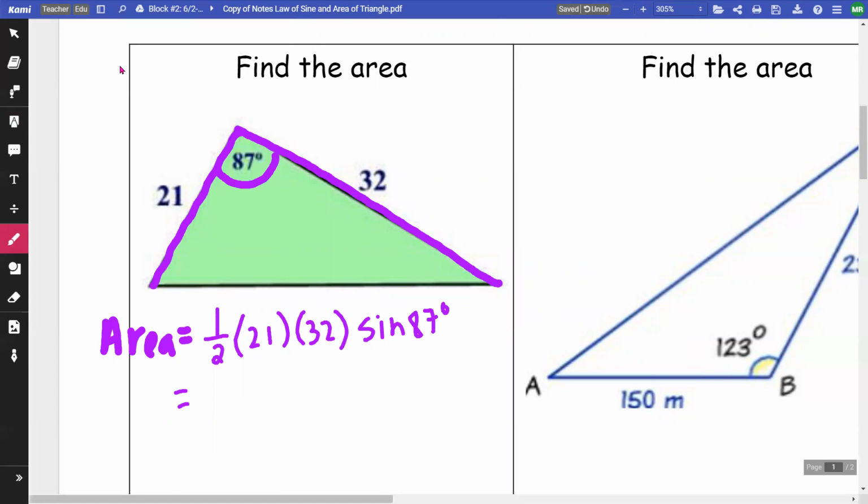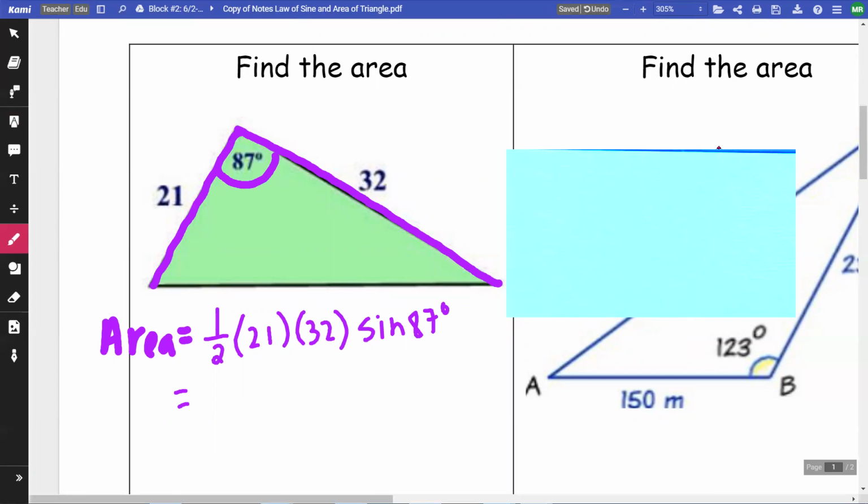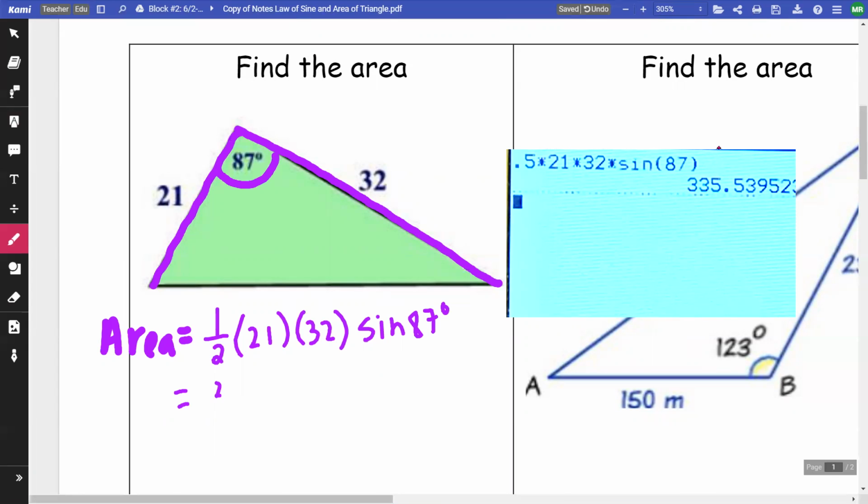I'm going to put this into my calculator as 0.5 times 21 times 32 times sine of 87. I end up getting, let's go one number after the decimal, 335.5. That is my area of that triangle.